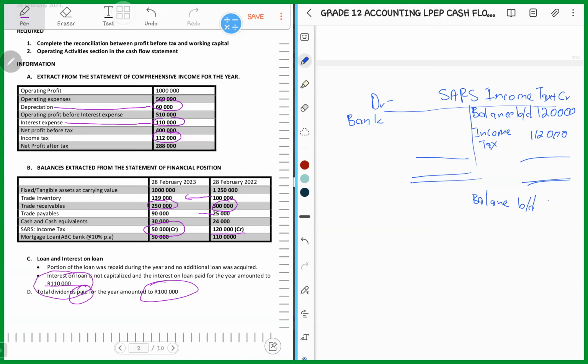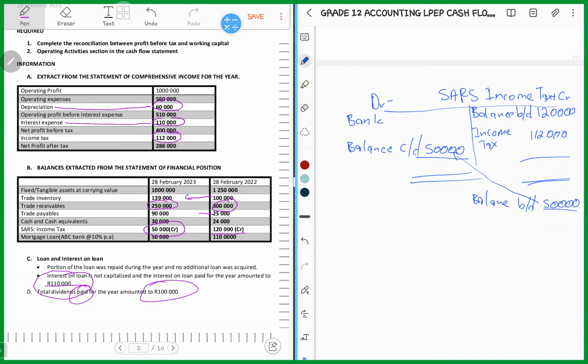Then it's 50,000. Now, since it's opening on the credit side, it means that it closed on the debit side. Then we're going to say balance carried down. So you're going to transfer the 50,000 and bring it to the debit side because it was closed off on the debit side. So it will be 50,000.